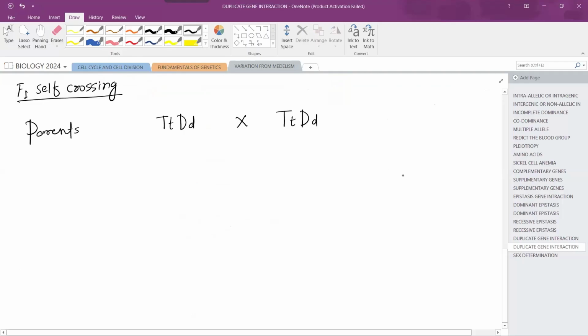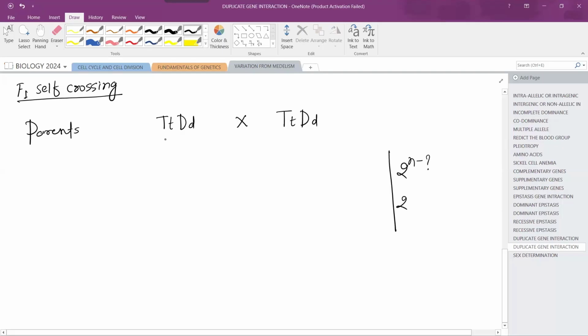Now you will tell me what is the n value. Two. 2 to the power of what? Is it 4, or only 2? 2.